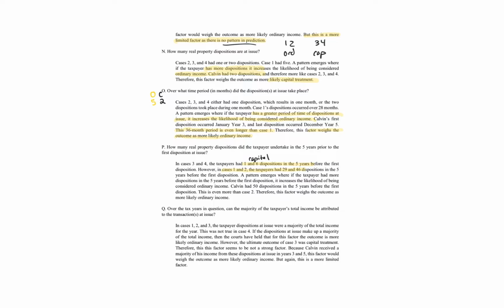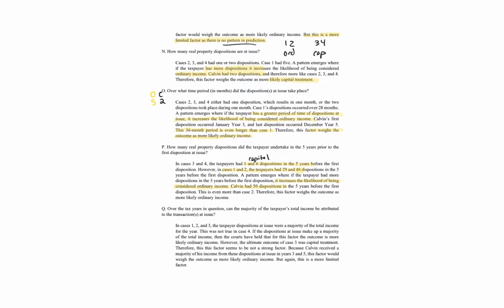So 46 was actually in case 2, but the idea is that the higher it is, the more likely, because you're making more transactions, more likely to be a dealer or developer. Calvin had 50. 10 over the last 5 years before year 3.